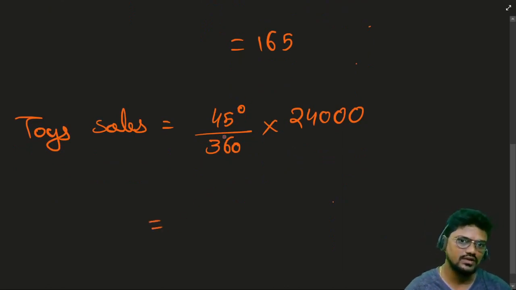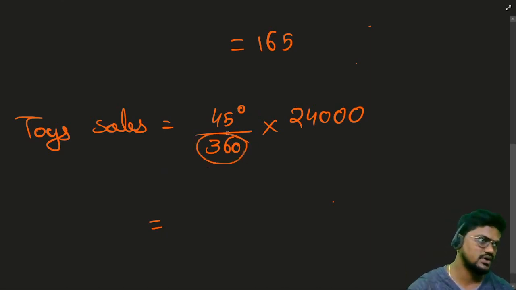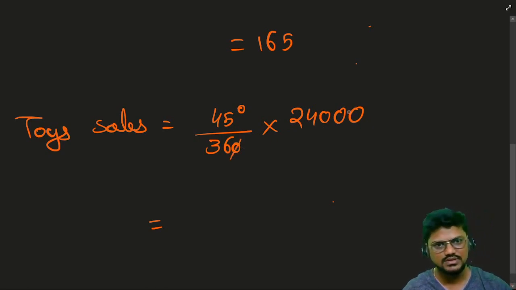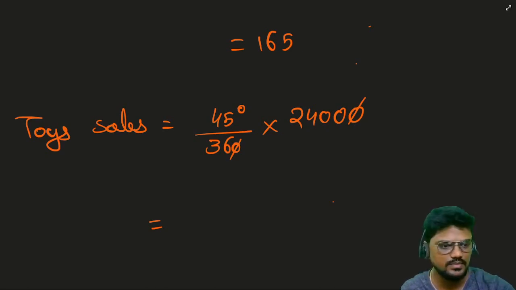Whatever is the angle for toys is a part of the total angle of 360, that's why it is 45 upon 360 multiplied with 24,000. Now this 0 and 0 cancel. You can use a calculator over here.